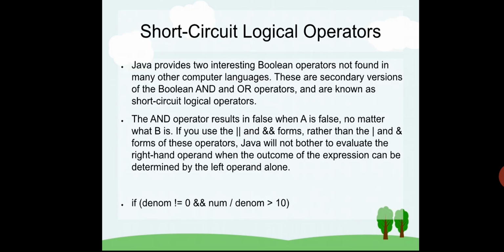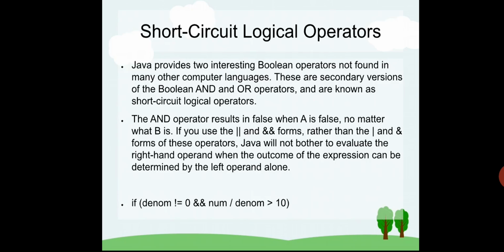Let me give one simple example. All these operators are mainly required for conditional statements. Say the condition is that the person's age is below 50 and height is above 6. If the age is below 50 and the height is above 6, then only you have to execute some code.